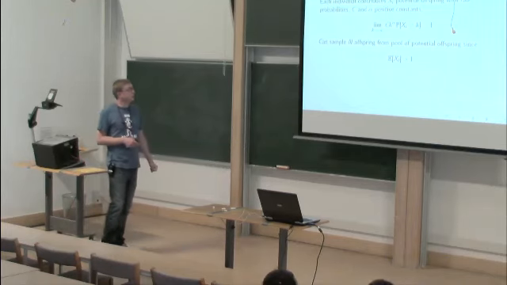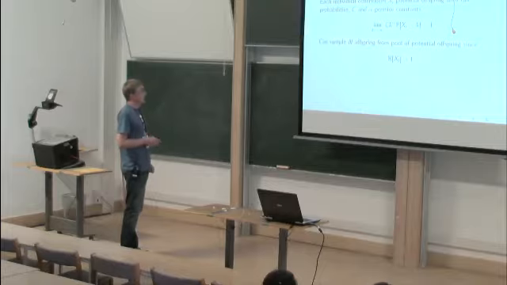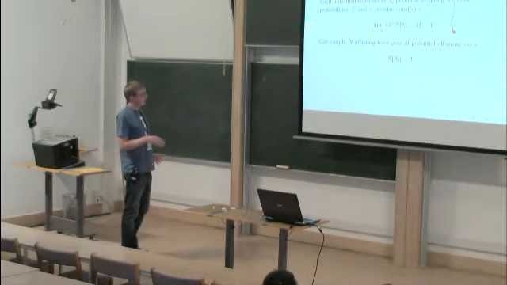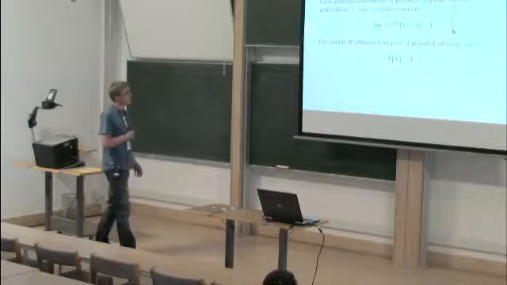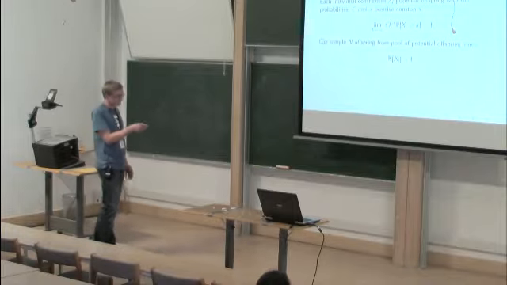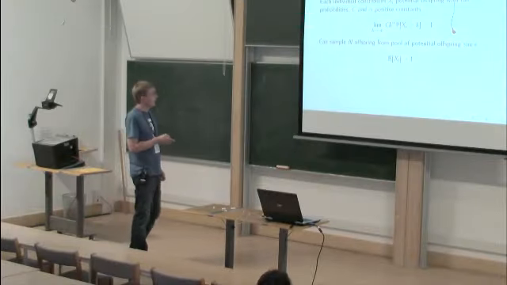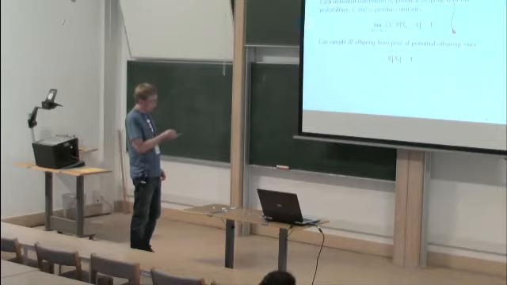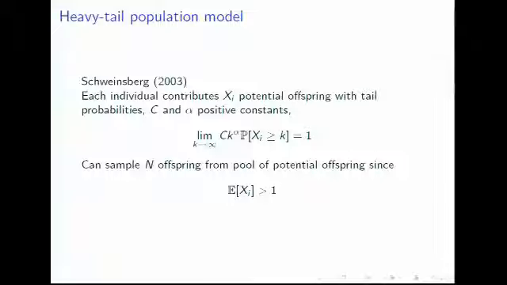You think of a population with distinct generations. Each individual contributes a number of potential offspring xi, and those are IID, with these tail probabilities right here. There is a parameter alpha, and it will feature in the coalescence rates that come out of this process.